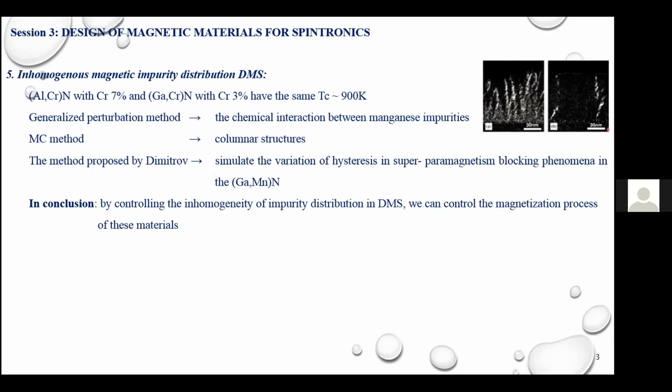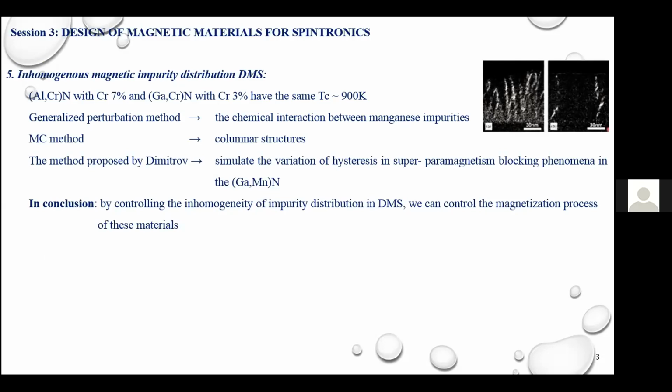We use the generalized perturbation method to pay attention to the chemical interaction between manganese impurities, and then we use Monte Carlo methods to build the columnar structure. The columnar structure is a kind of impurity concentration in the DMS system.